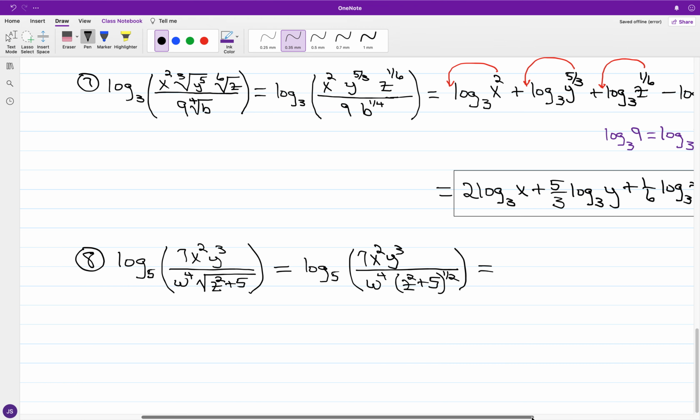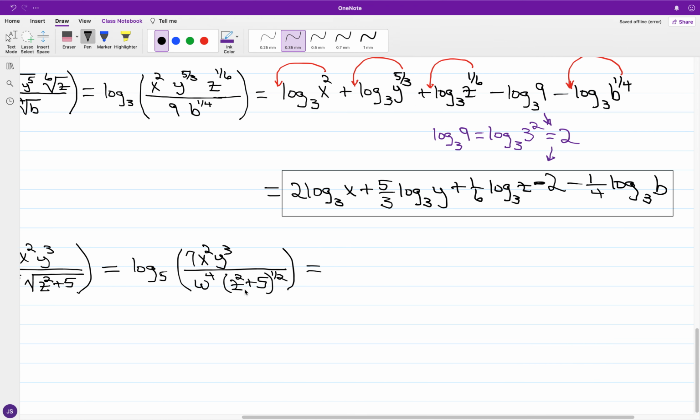okay, so I'll just go with the terms at the top first of all. So you have 3 factors of 7x squared and y to the third. So the base 5 logarithm of 7. And I have plus the base 5 logarithm of x squared and you have plus the base 5 logarithm of y to the third.